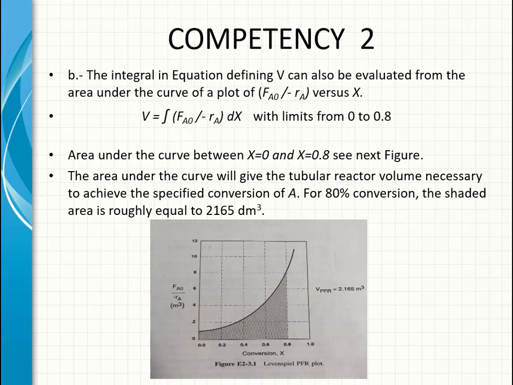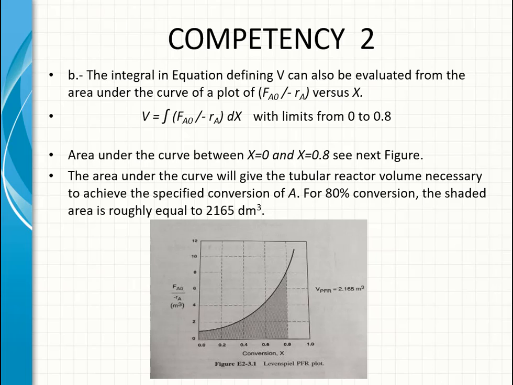B. The integral defining the volume can also be evaluated from the area under the curve of a plot of FA0 divided by minus RA versus X. So the volume is equal to the integral of FA0 divided by minus RA times dX with limits from 0 to 0.8.